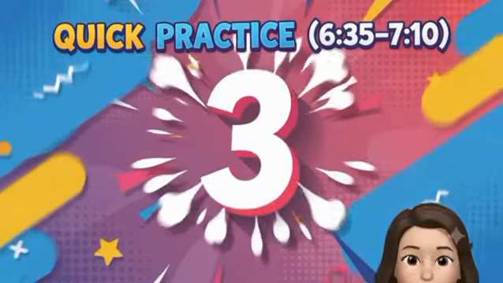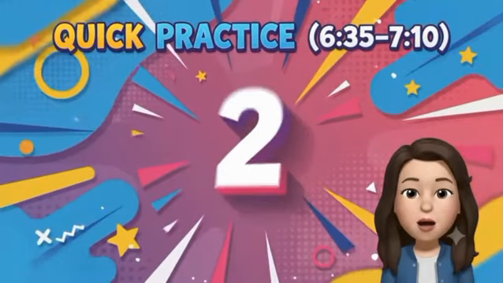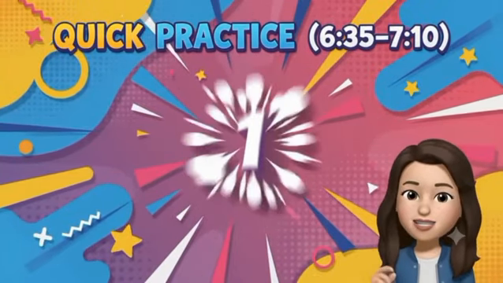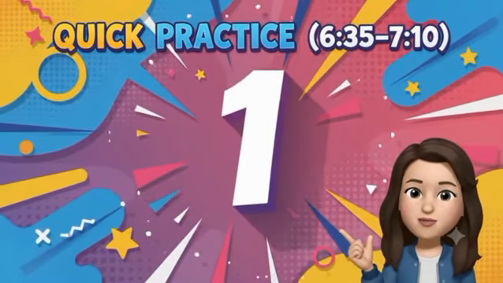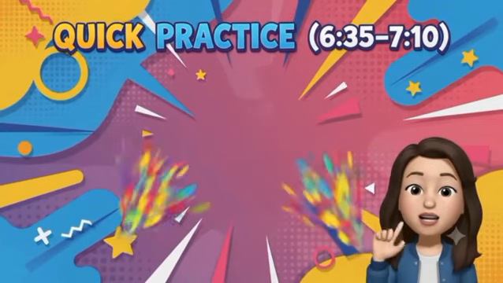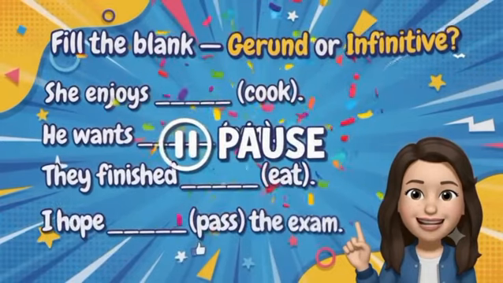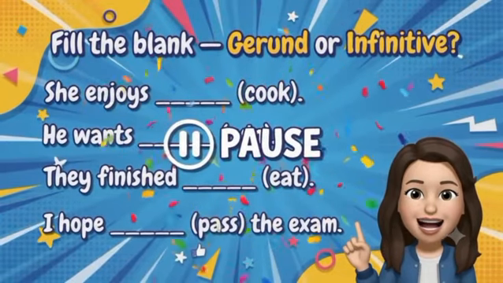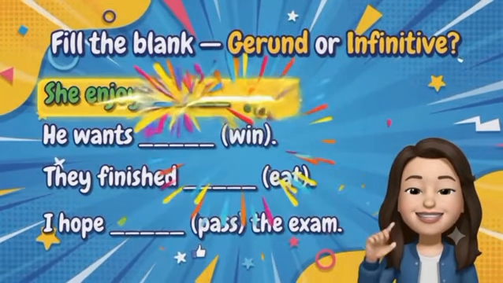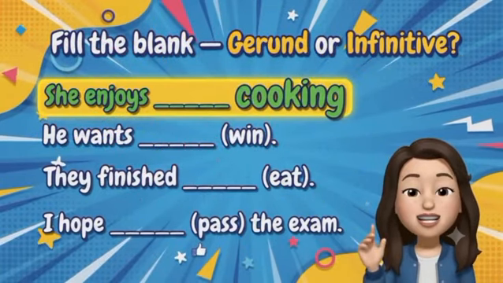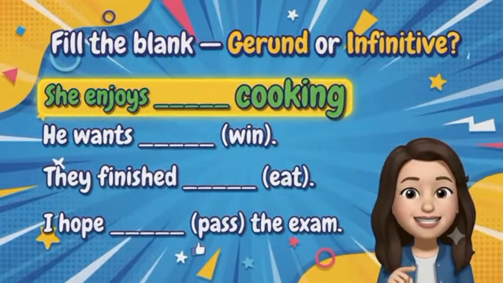It's your turn. Pause and answer these four. Let's go. Let's check. Number 1. She enjoys. Enjoys takes a gerund. That means cooking. Number 2. He wants. Wants takes an infinitive. That means to win.